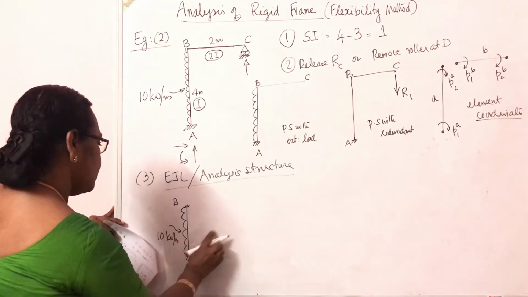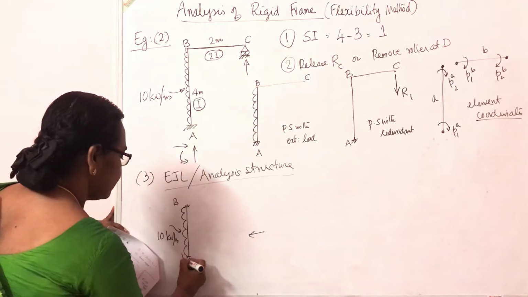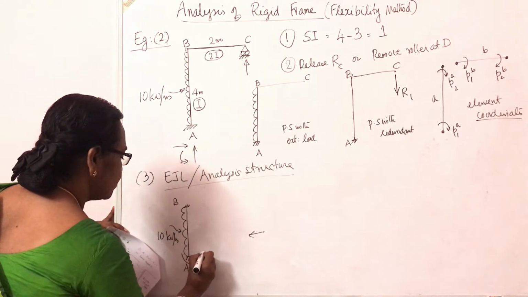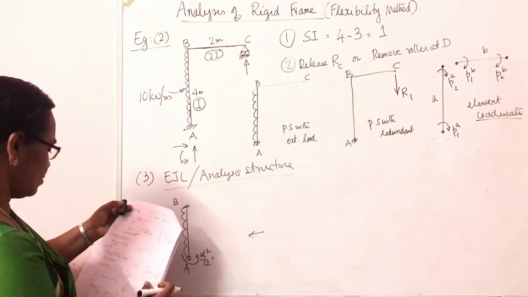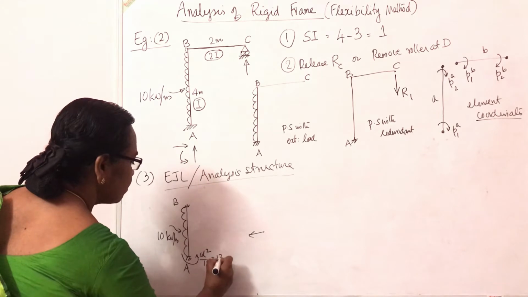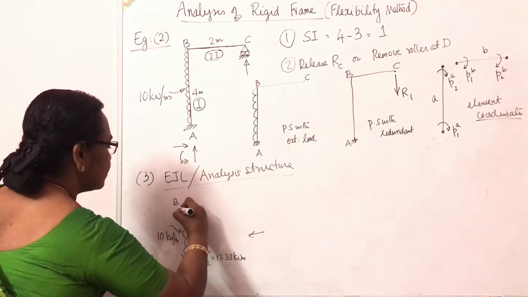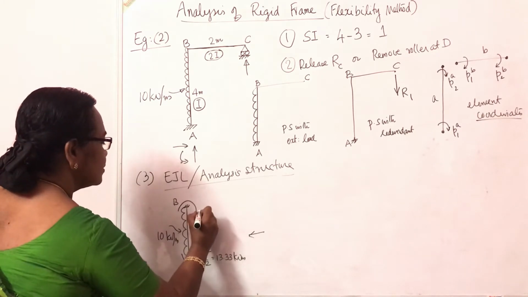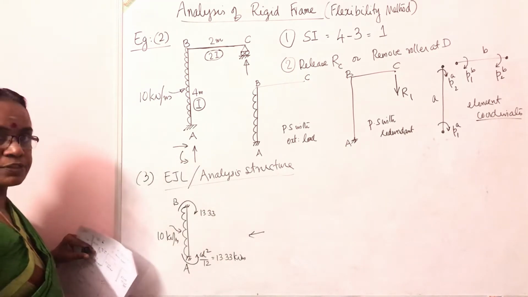If you stand in this direction and view it in this way, this left end, it is W L square by 12, anti-clockwise. The value happens to be 10 into 4 square by 12, 13.33 kilonewton meter. In this sense, the moment is clockwise, 13.33. So these are the two fixed end moments.